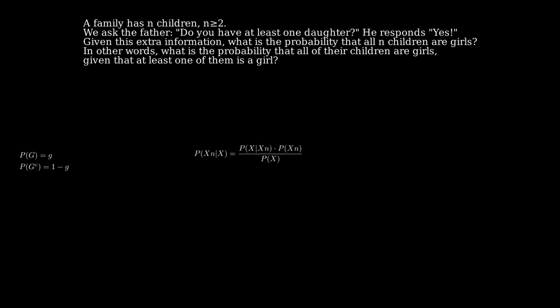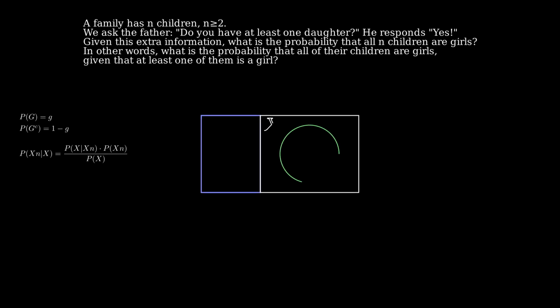Now, let's model a Venn diagram. The whole diagram, which is the sample space, S, represents the set of all possible outcomes for n children. Each child can be either a girl or not a girl.